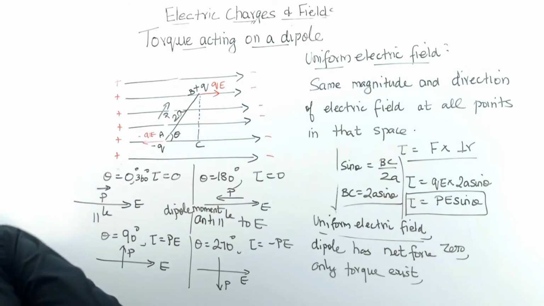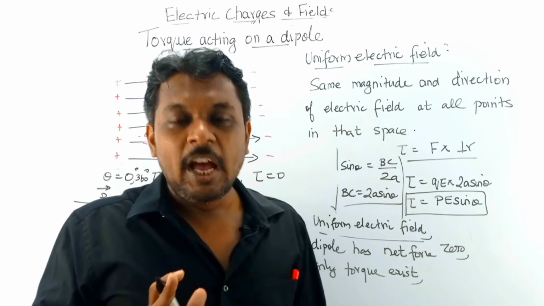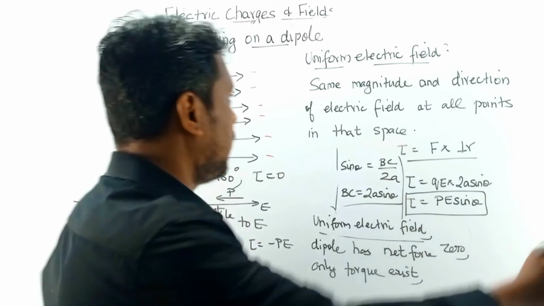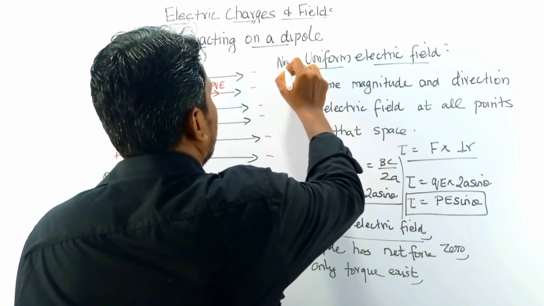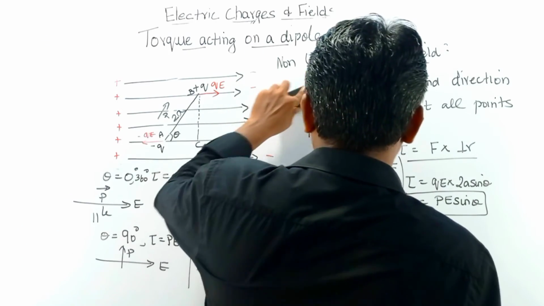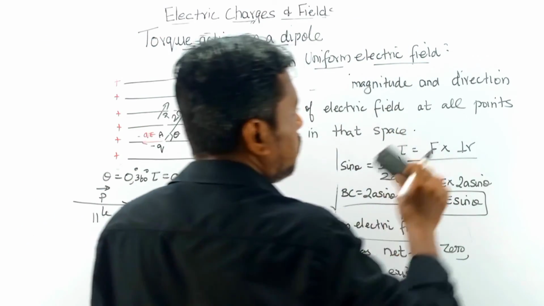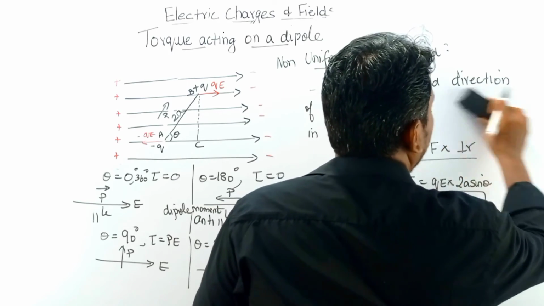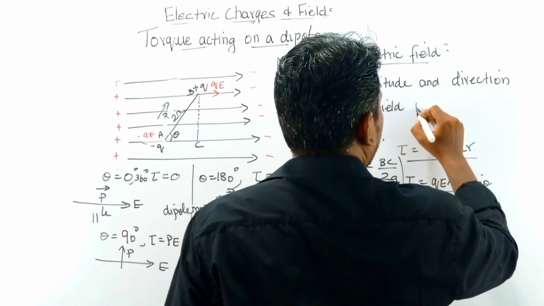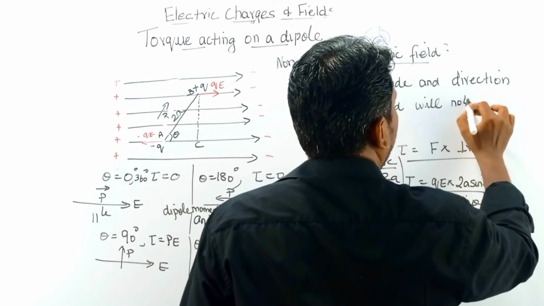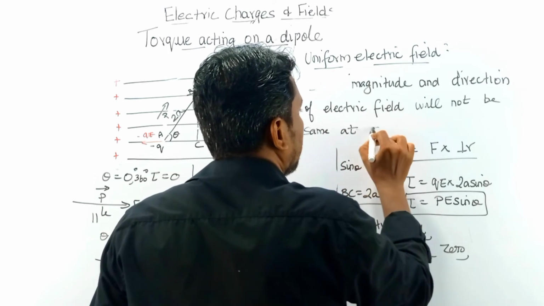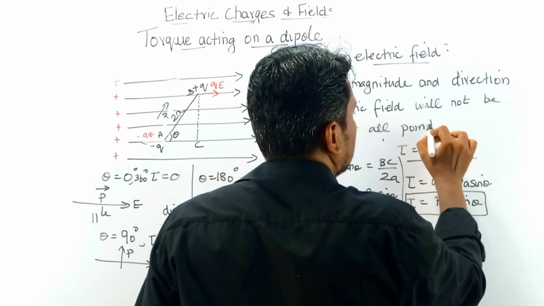Now we will see what happens when a dipole is placed in a non-uniform electric field. In such cases, the magnitude and direction of electric field will not be the same at all points.